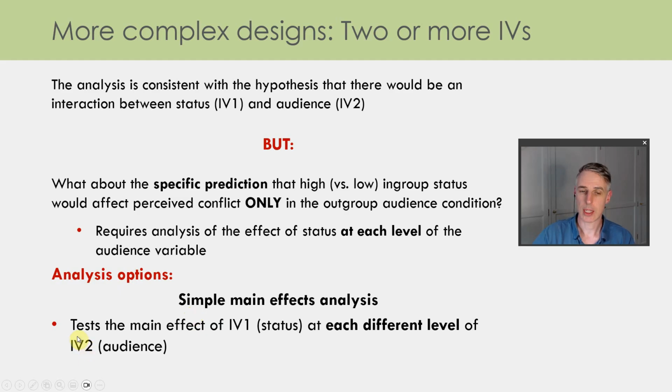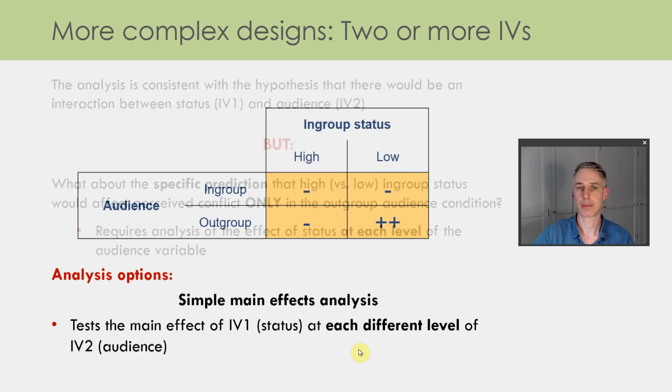Simple main effects analysis is usually done in the context of significant interaction effects and involves drilling down into that to look at where the effect of one independent variable is significant or not at different levels of the other independent variable or independent variables. So in the context of our design, it involves testing the effect of status at each of those two different levels of audience.